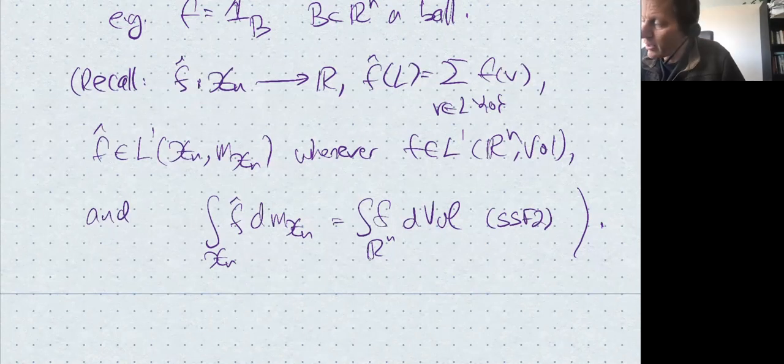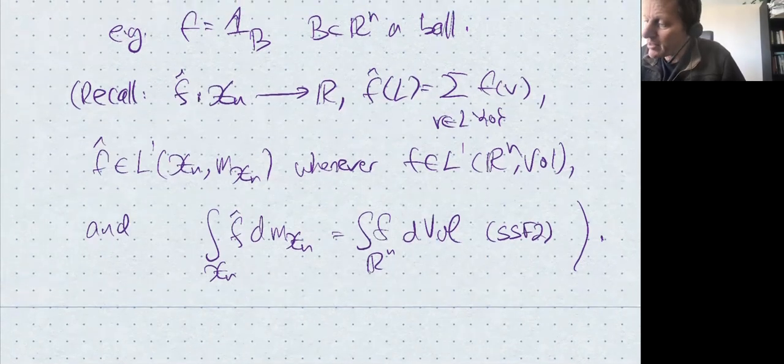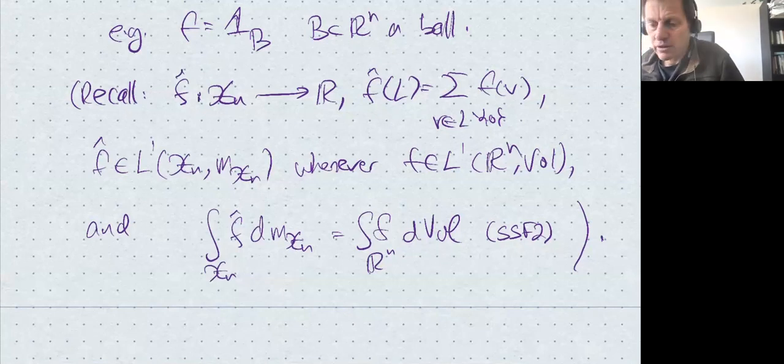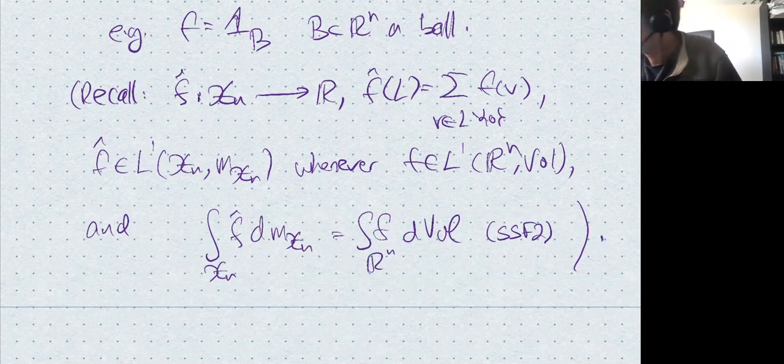And you recall if B is a ball and f is the indicator of B, and this function is 0 on some lattice, that means that B contains no non-zero lattice points. So that's a way of exhibiting lattices whose shortest non-zero vector is actually long. Okay, so this is our question.